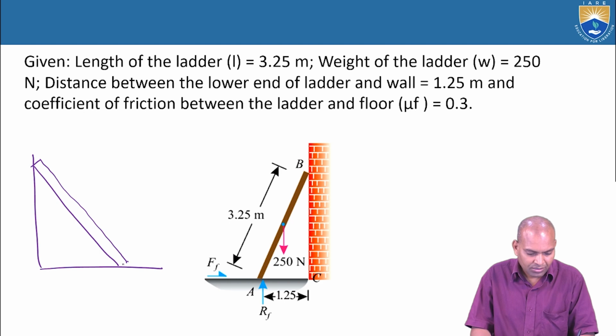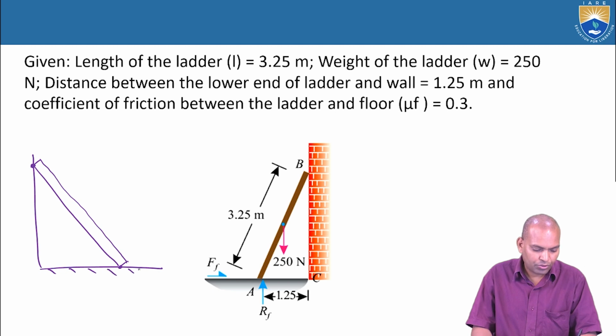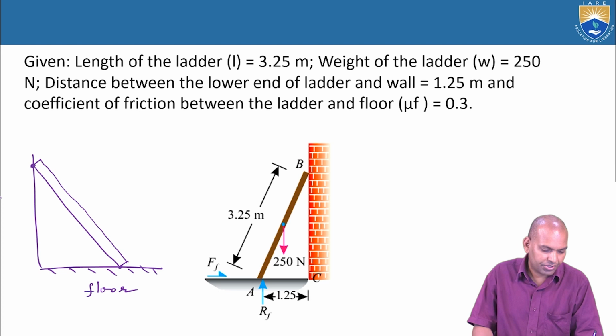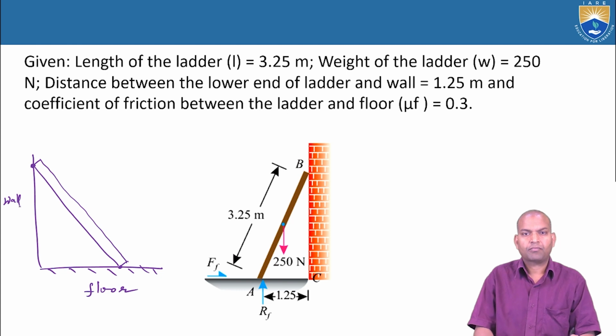But the condition is that the point of contact is the floor position and here it is the wall position. You can consider this is also correct. Now we consider this condition.